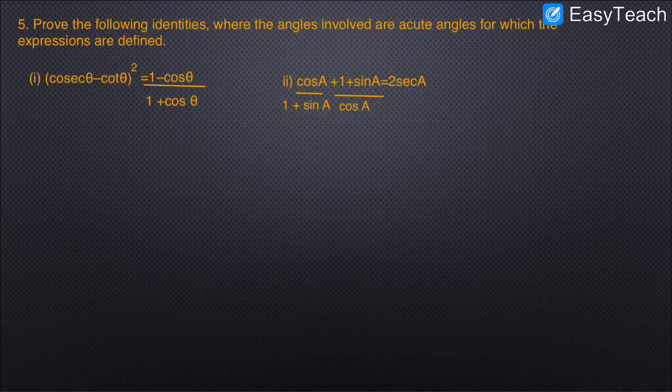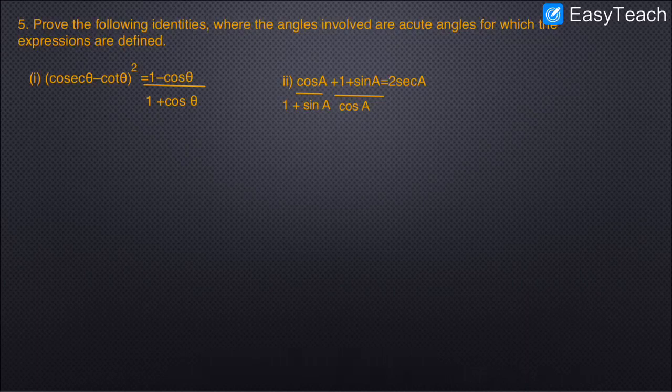Okay, let's start from the LHS side. 1 plus secant A by secant A. For secant A I write 1 by cos A, so 1 plus 1 by cos A whole divided by 1 by cos A. Now take the LCM: cos A plus 1 whole divided by cos A, divided by 1 by cos A. Next step, let's move to the upside: cos A plus 1 by cos A into cos A by 1, which means we can cancel.